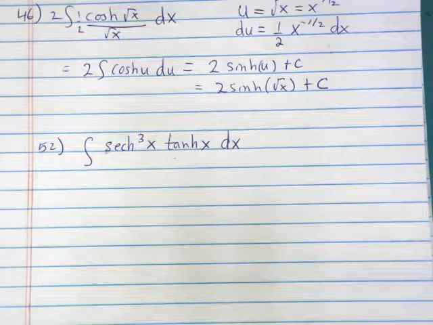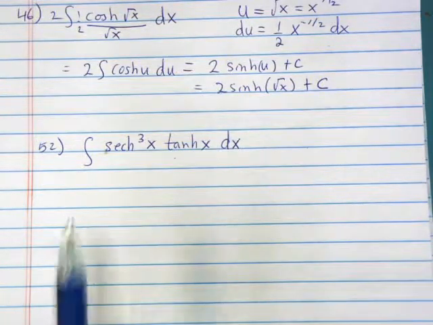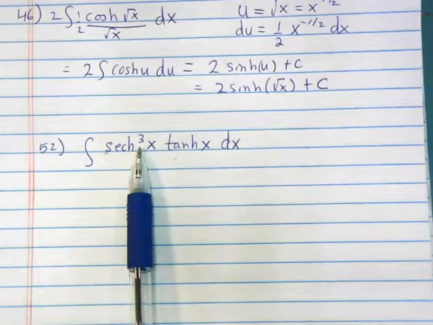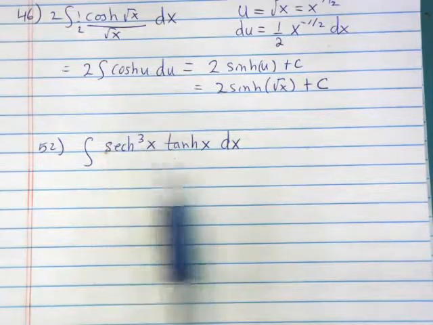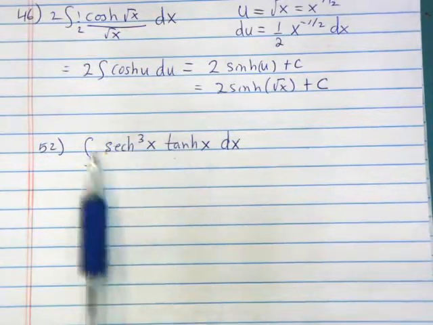We do not have a product rule for integrals. That's correct. That's a shame. But even if we did, I don't think I know the antiderivative of hyperbolic secant cubed. I don't think that would help even if I had a product rule. Yeah, somehow we have to manipulate these. I agree with that.